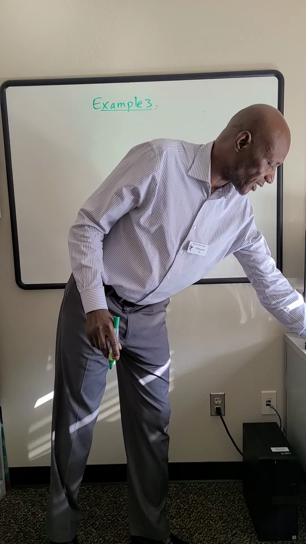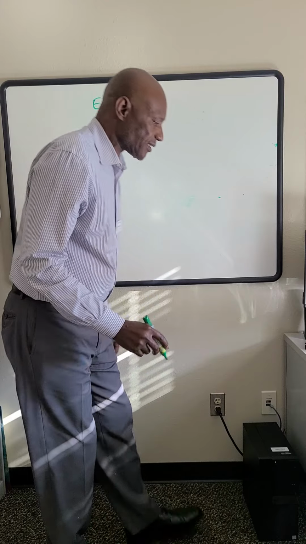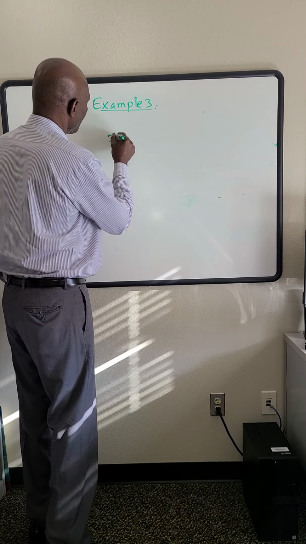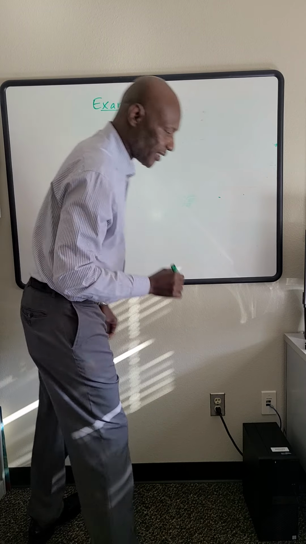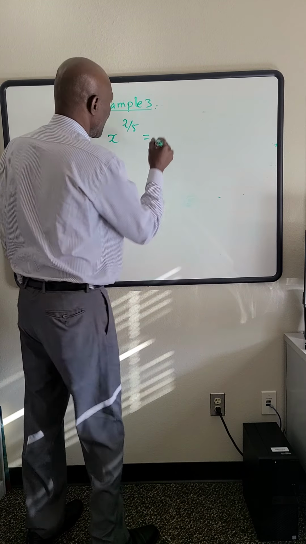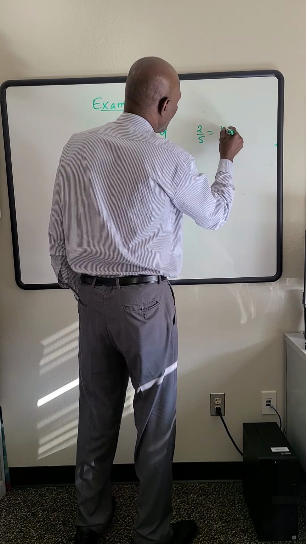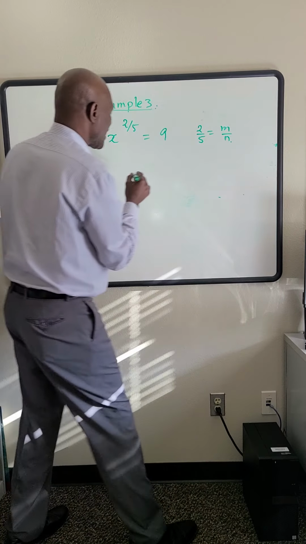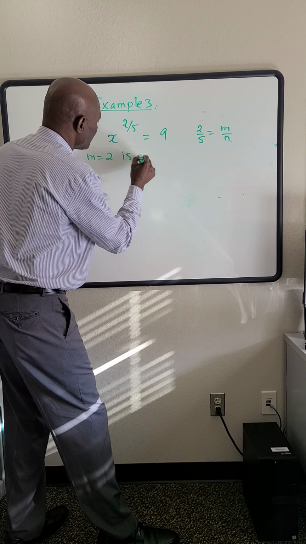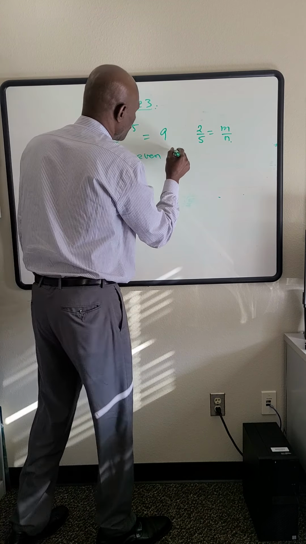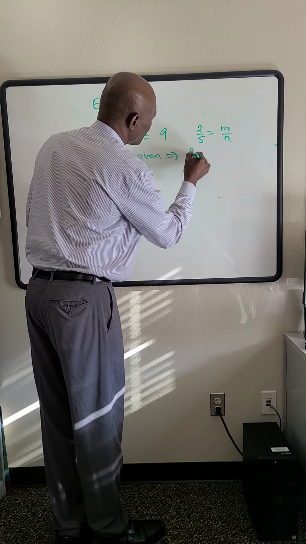We will have a rational exponent equation with an even numerator for the rational exponent: x to the 2 over 5 equal to 9. So 2 over 5 equal to m over n, and m is even. So we will have two solutions.